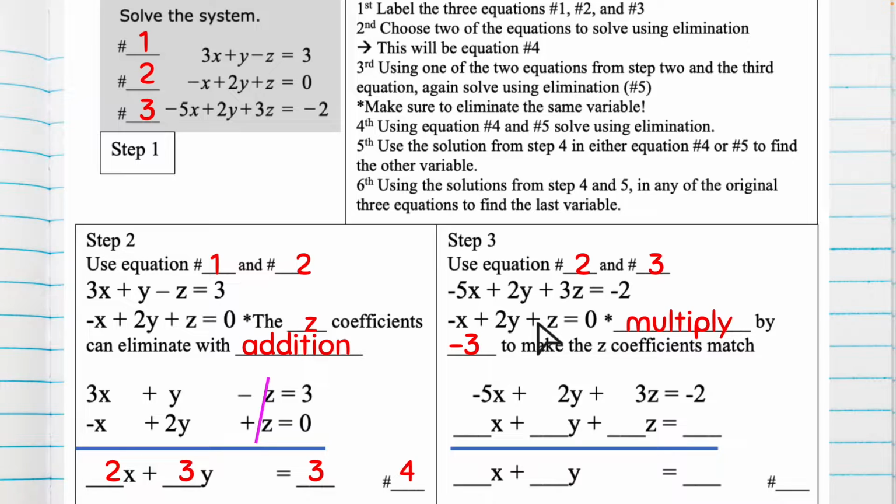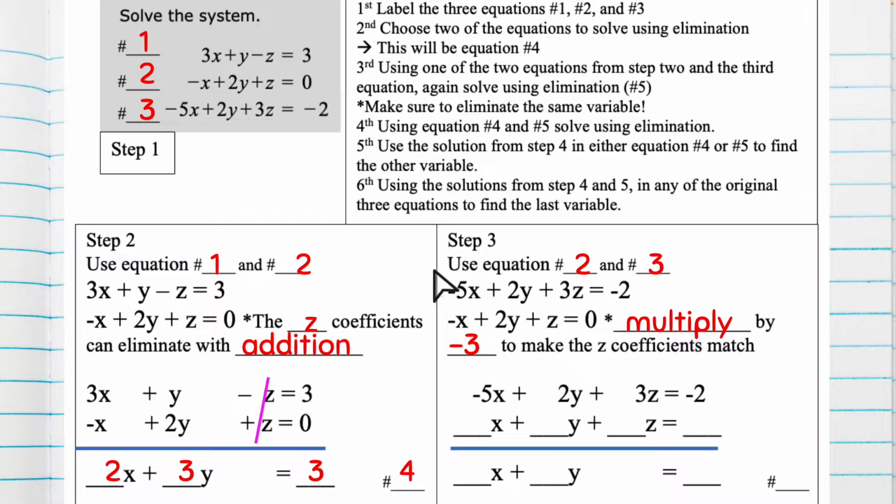In order to do that, this needs to have a negative 3 in front of it. And if I multiply this one by negative 3, I have to multiply everything by negative 3. So the first equation doesn't change, I'm not multiplying that one. I'm multiplying the second equation, which is actually equation number 2. This is equation number 3, if I'm looking at the labels. So I'm going to multiply that whole equation by negative 3.